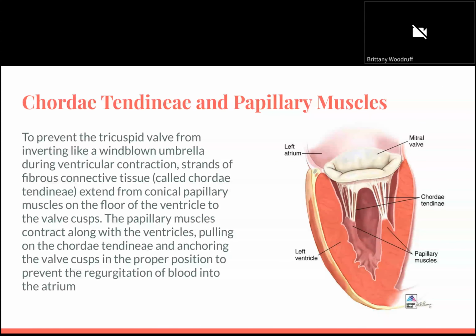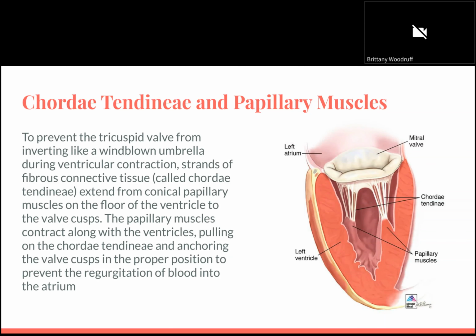Now you do have these things called chordae tendineae. If you've ever heard of pulling on your heartstrings, these are your heartstrings. The whole point of these is just to keep that valve from flipping inside out like an umbrella would.